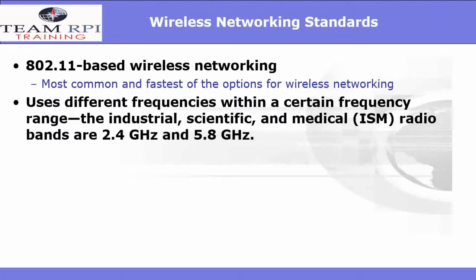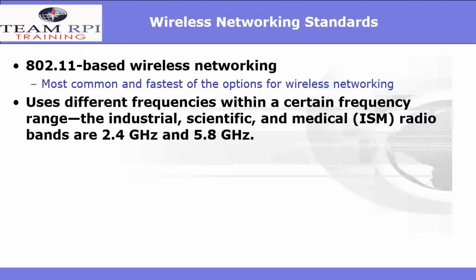Now let's talk about the wireless standards. All of them start with the base standard of 802.11. This is the wireless networking standard. However, that's about where most of the similarities end. Each of them operates on a different frequency, and those frequencies are identified as the industrial, scientific, and medical radio bands.